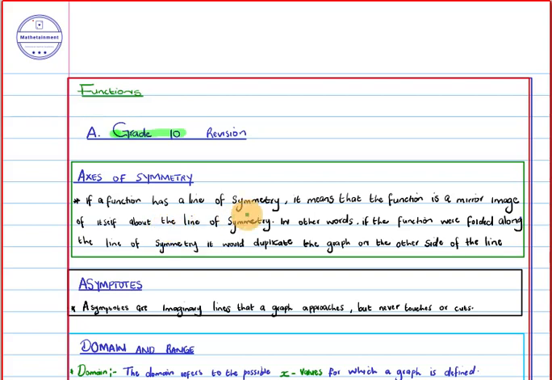If a function has a line of symmetry, it means that the function is a mirror image of itself about the line of symmetry. In other words, if the function were folded along the line of symmetry, it will duplicate the graph on the other side of the line.